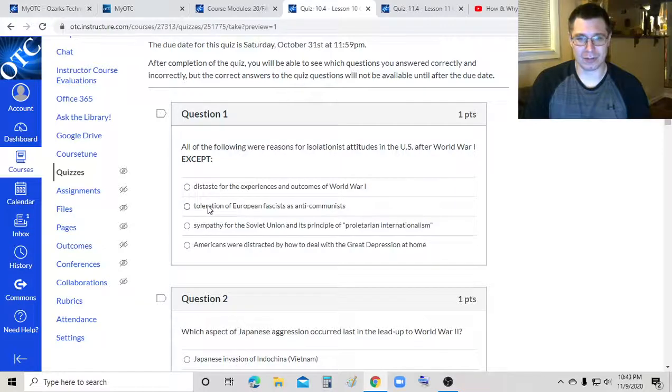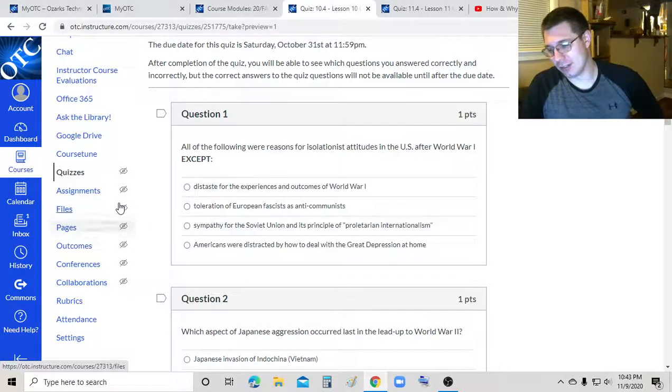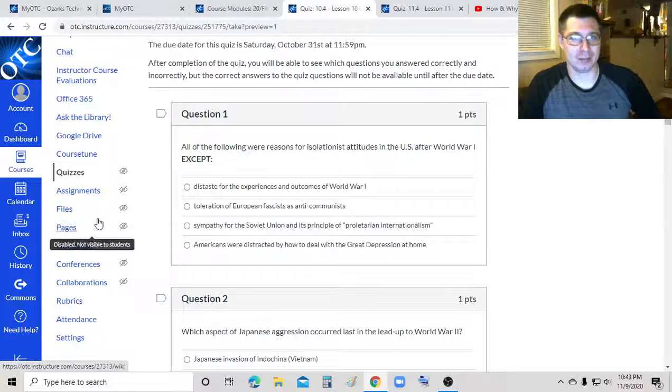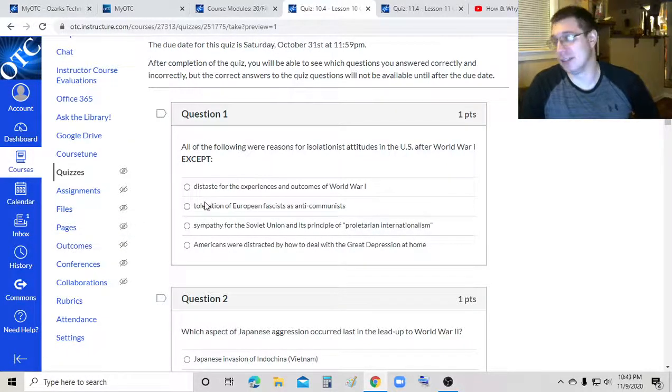Was toleration of European fascists as anti-communists a reason for isolationist attitudes? Yes. Americans thought, well, how bad can Hitler be if he's opposing the Soviet Union and verbally attacking them and saying that someday he's going to physically attack them? Isn't that a good thing that he's going to attack these communists? And he's attacking and jailing the communists in his own country. Isn't that a good thing?